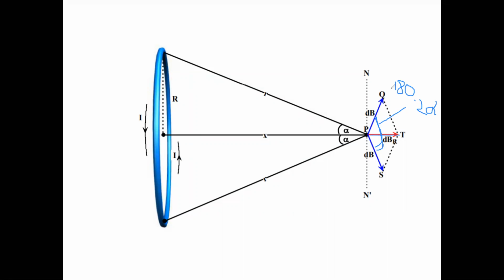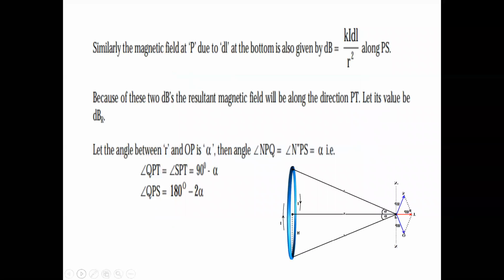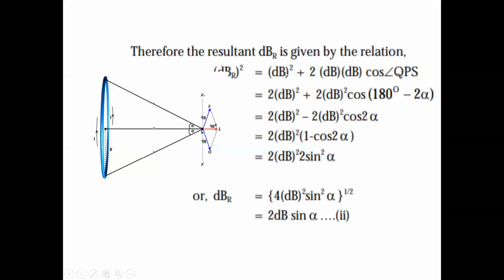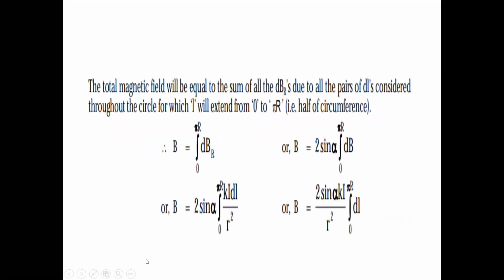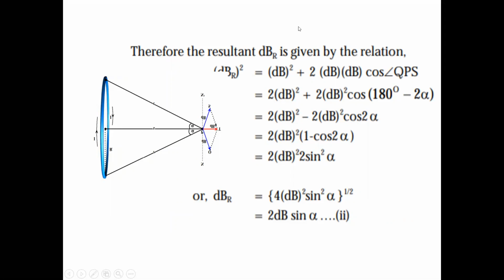So we have to find the resultant direction. For this purpose, the expression for dBr square is equal to dB square plus 2 dB into dB cos of angle QPS. Here there is another dB square, a small mistake.